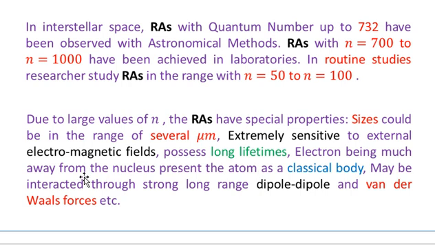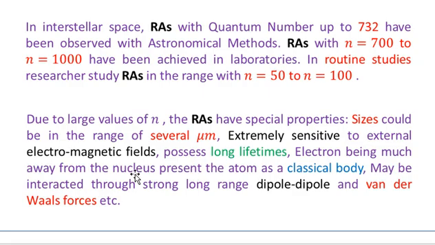So the electron being much away from the nucleus presents the atom as a classical body. When the electron is much away from the nucleus, for example in the range of 700 to 1000, if you are exciting the Rydberg atom in this state, then the energy levels become so close to each other that we can say they are in a continuum region, and we can study such a Rydberg atom as a classical body.